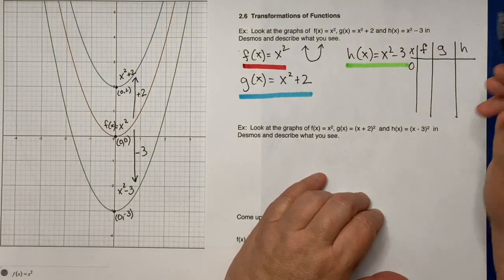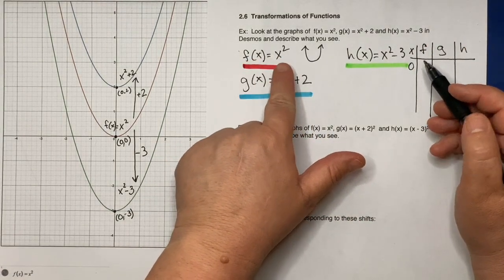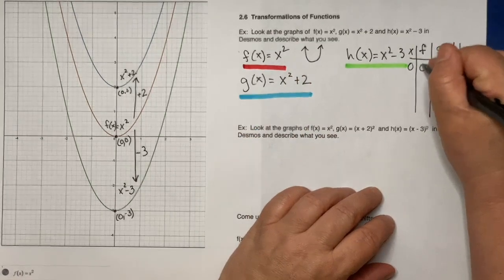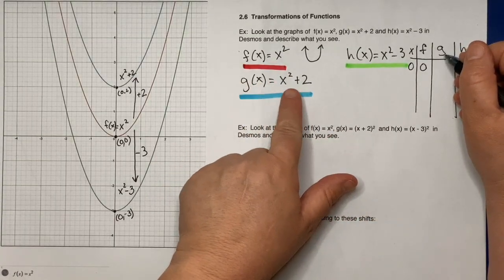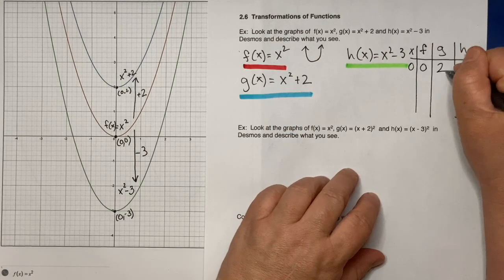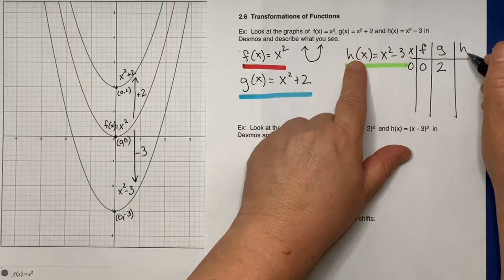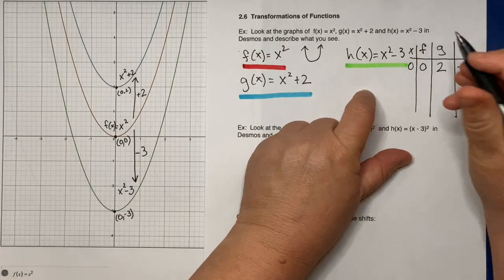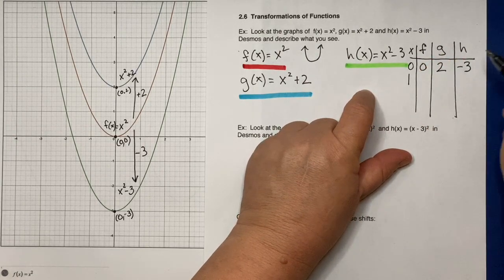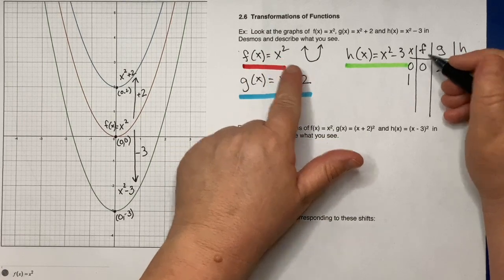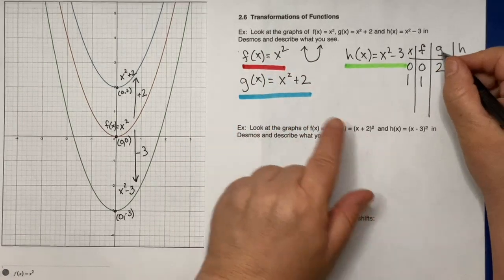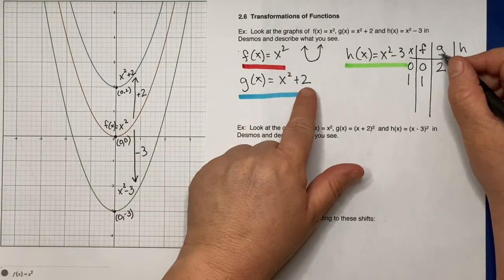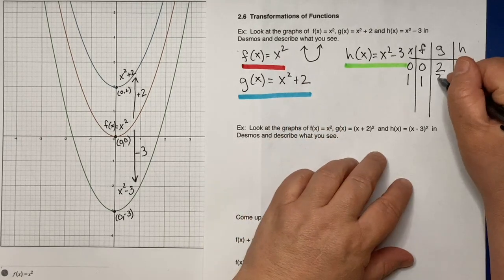So if x is 0, f of 0 would be 0 squared. g of 0 would be 0 squared plus 2. And h of 0 would be 0 squared minus 3. If x is 1, f would be 1 squared, that's 1. g would be 1 squared plus 2, that's 3.